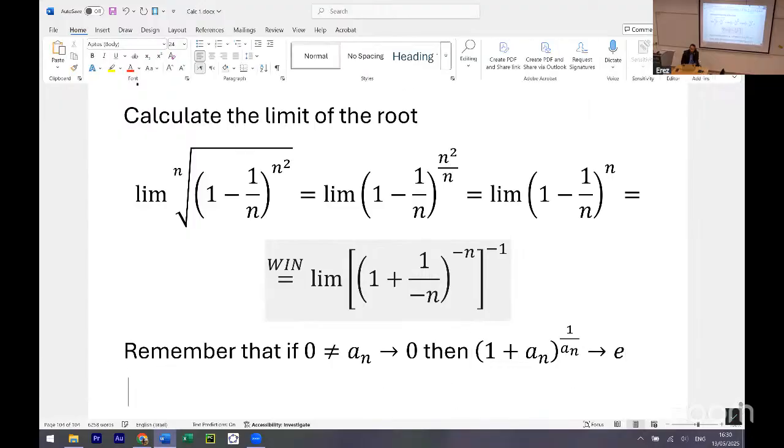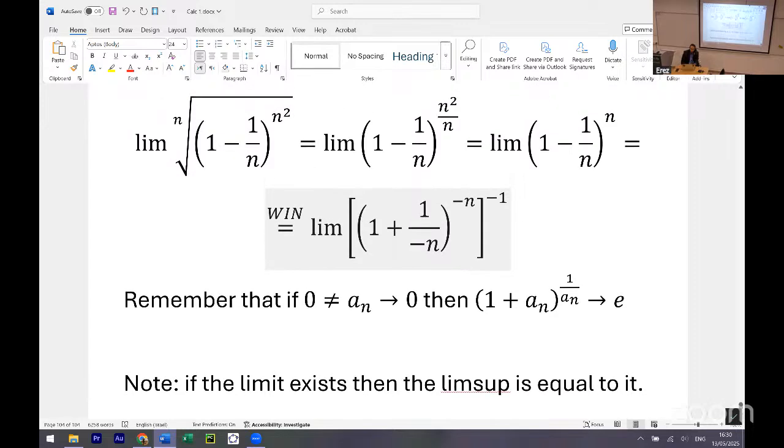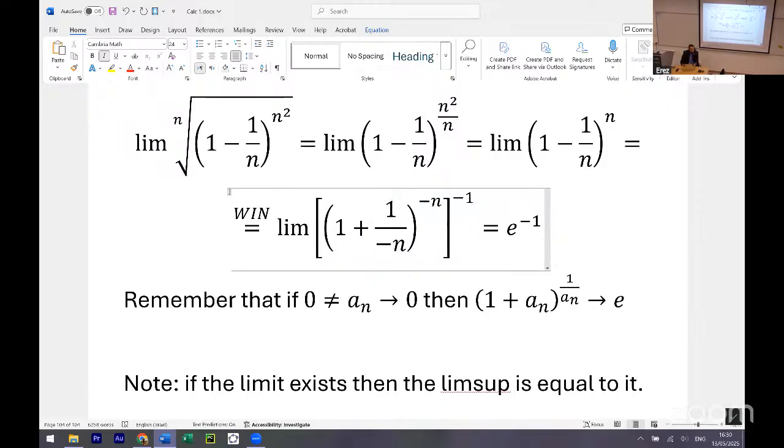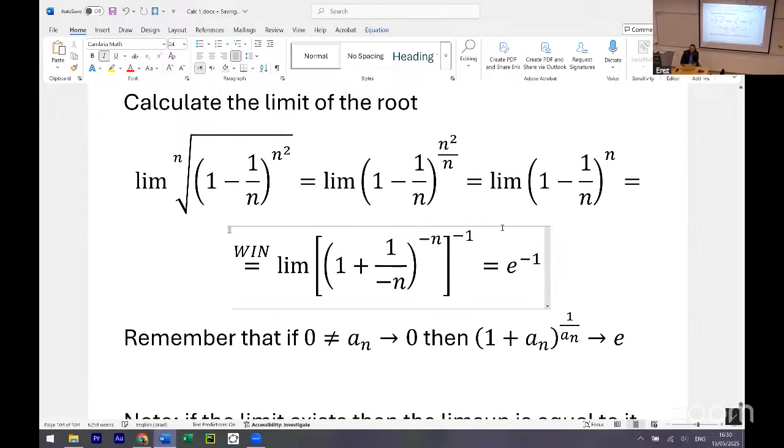Didn't prove it, but I mentioned it and explained a bit. So we use it. We make sure that here is something that tends to 0, and this is its exact inverse. So this whole thing tends to e to the power of minus 1. In any case, the answer is e to the minus 1. And what should I check about the limit of the root? What is the question there?